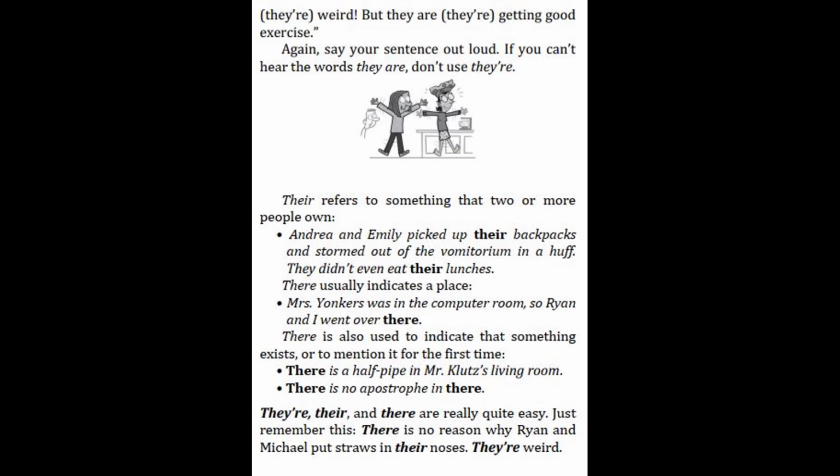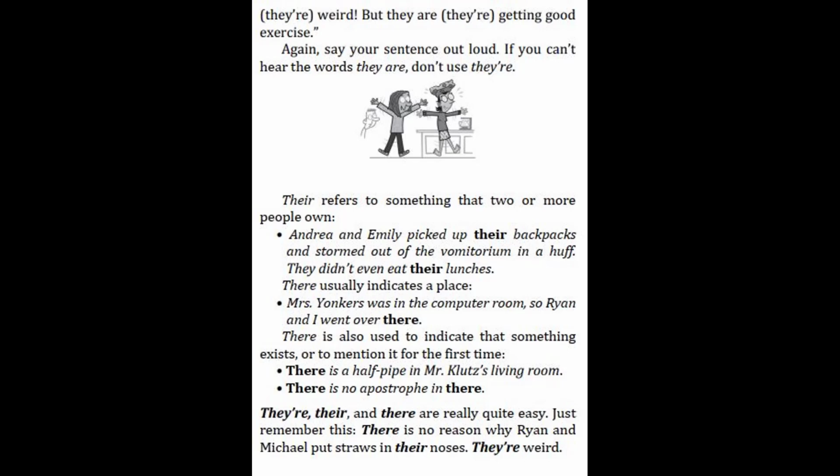Their refers to something that two or more people own. Andrea and Emily picked up their backpacks and stormed out of the vomitorium in a huff. They didn't even eat their lunches. There usually indicates a place. Mrs. Yonkers was in the computer room, so Ryan and I went over there.